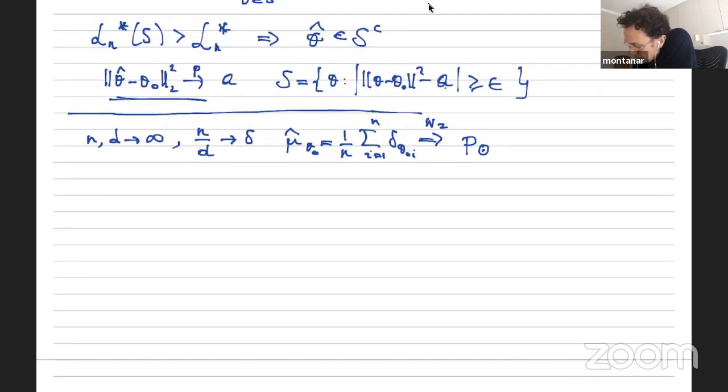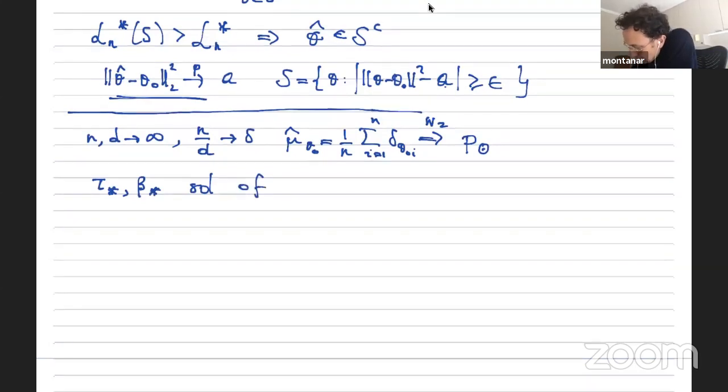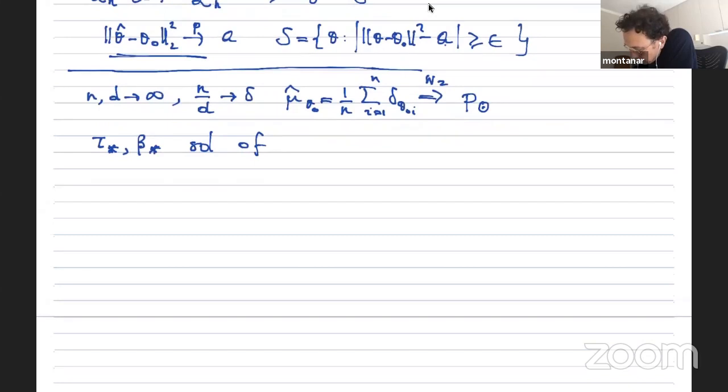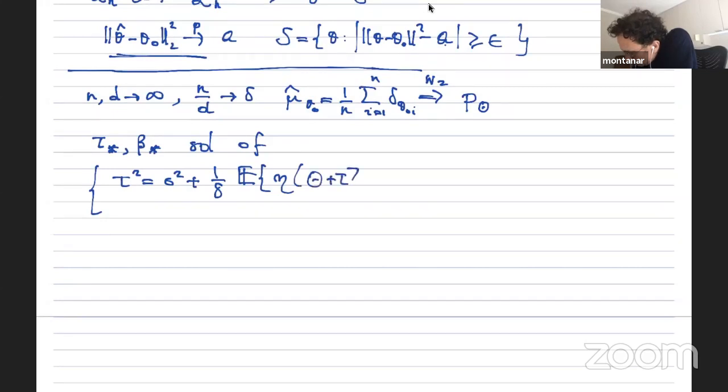So now the limit is described by the solution of a set of equations. I call theta star, beta star the solution, and the solution is unique, of these two equations. The first: theta square equals sigma square plus 1 over delta times the expectation of eta of theta plus tau z minus theta, squared.